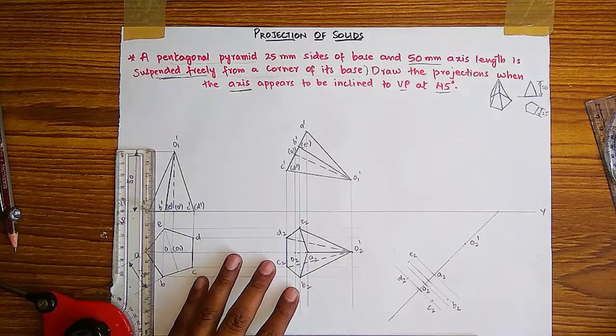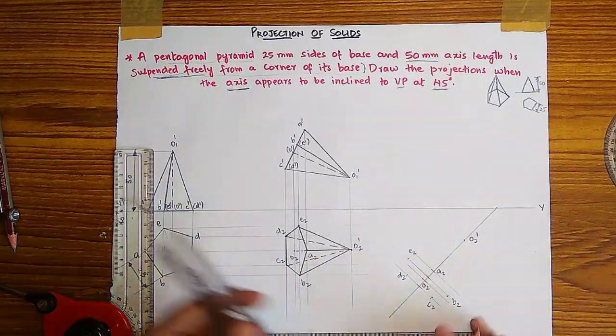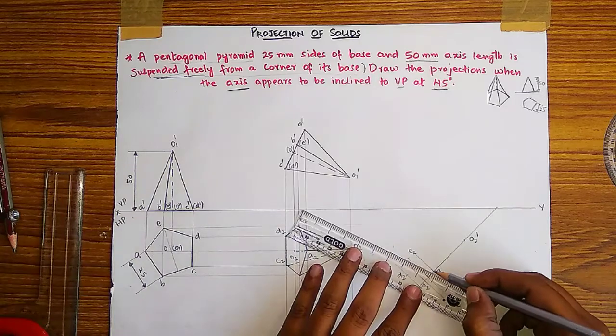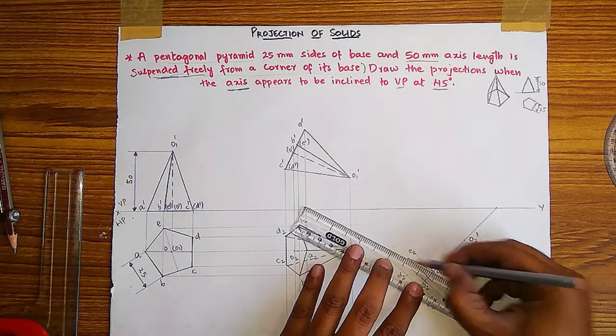The same figure I have to draw here, meaning all A to B, B to C, C to E, the pentagon is dark.